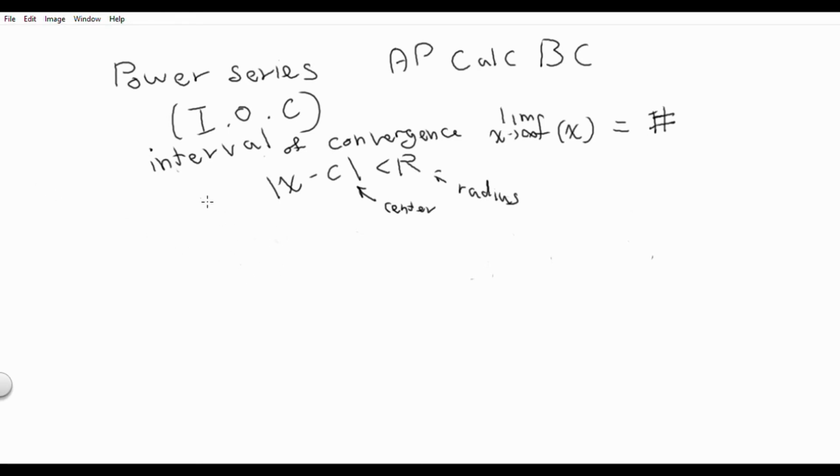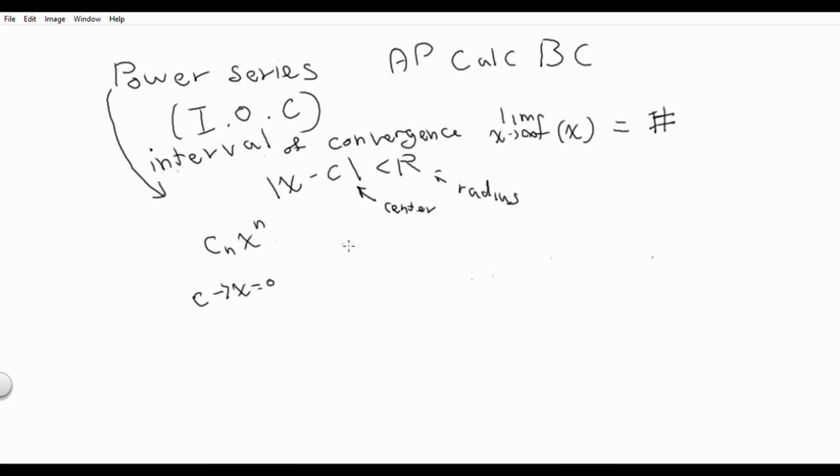I'm also assuming you know what a power series is. Actually, I think it's pretty important since we're going to be covering it two more times. Basically, a power series is an infinite series of the form c sub n times x to the n, which is centered at x equals 0.